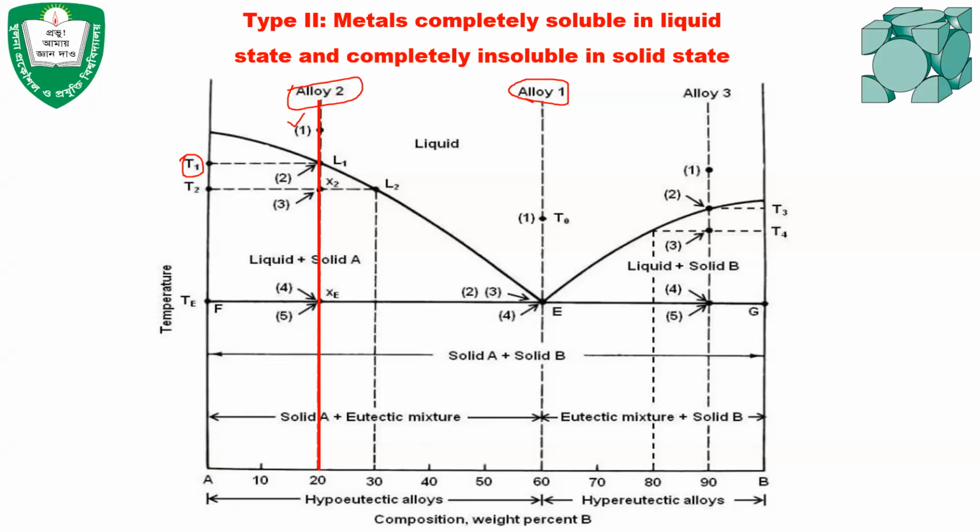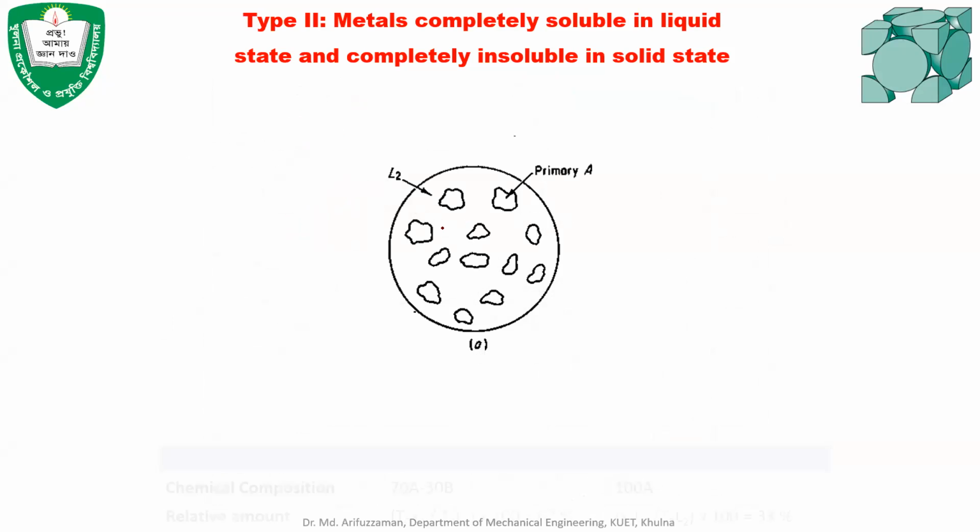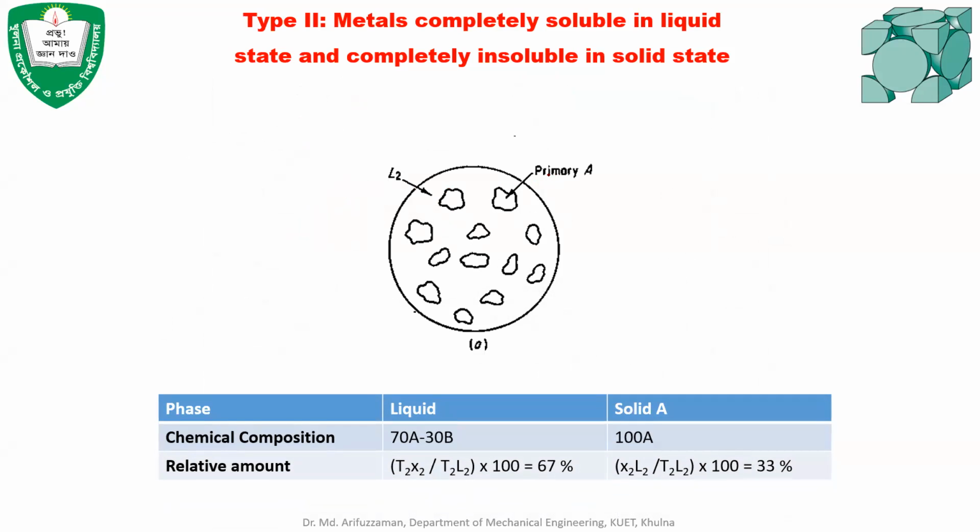When the temperature decreases to temperature T2, the amount of solid A starts to increase. When the temperature reaches T3, the primary A starts to form.